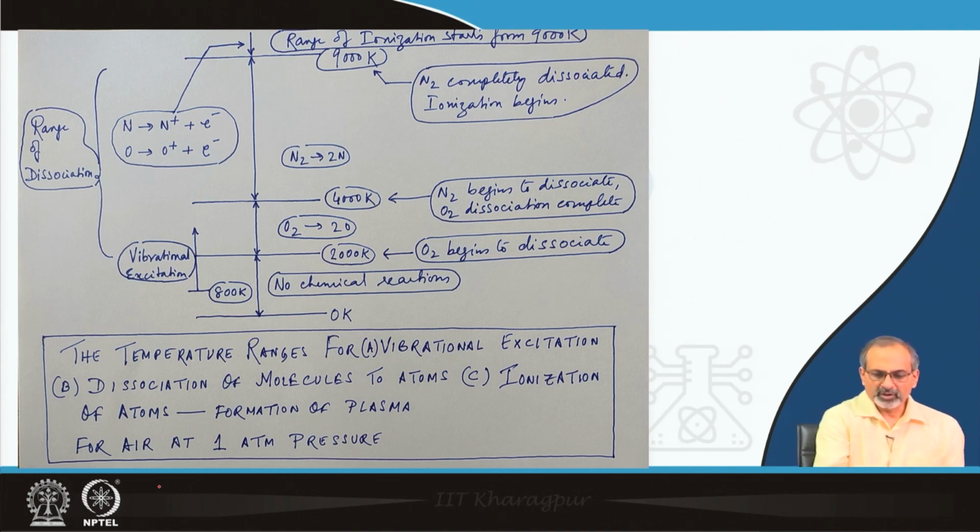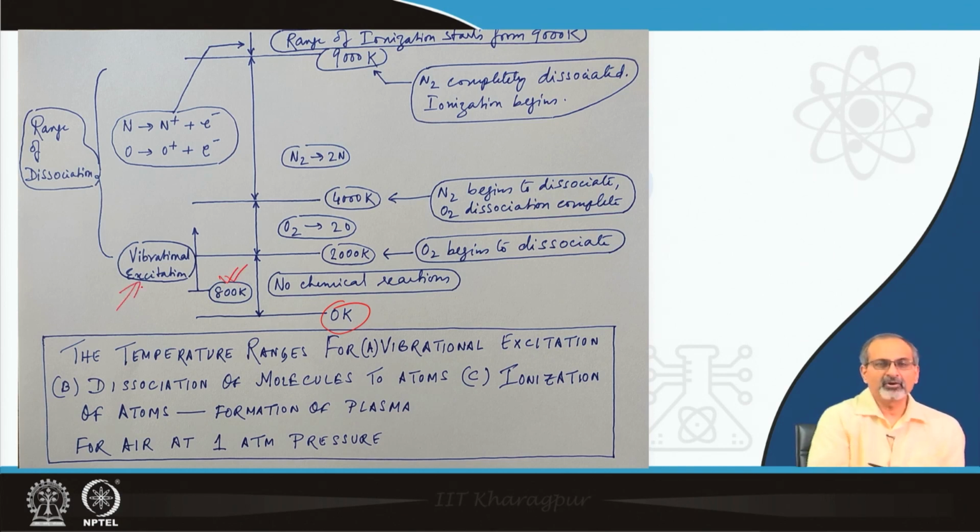When we are talking about temperatures like 0 Kelvin, they are far away, much lower than our normal temperatures, and obviously the gas particles are much less energetic in that state and no chemical reactions occur. Unless you take them to a temperature of 800 Kelvin or so, nothing significantly starts happening.